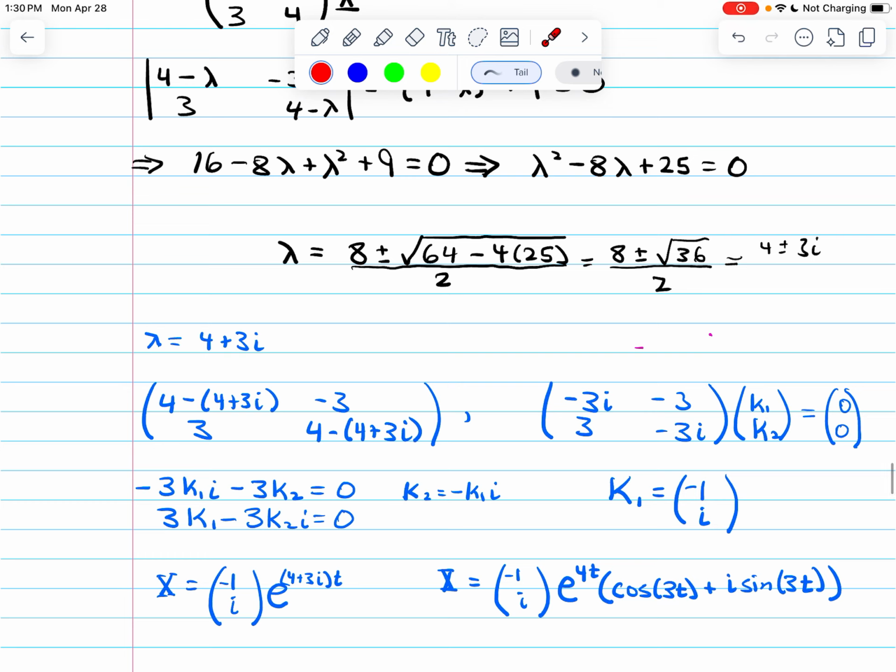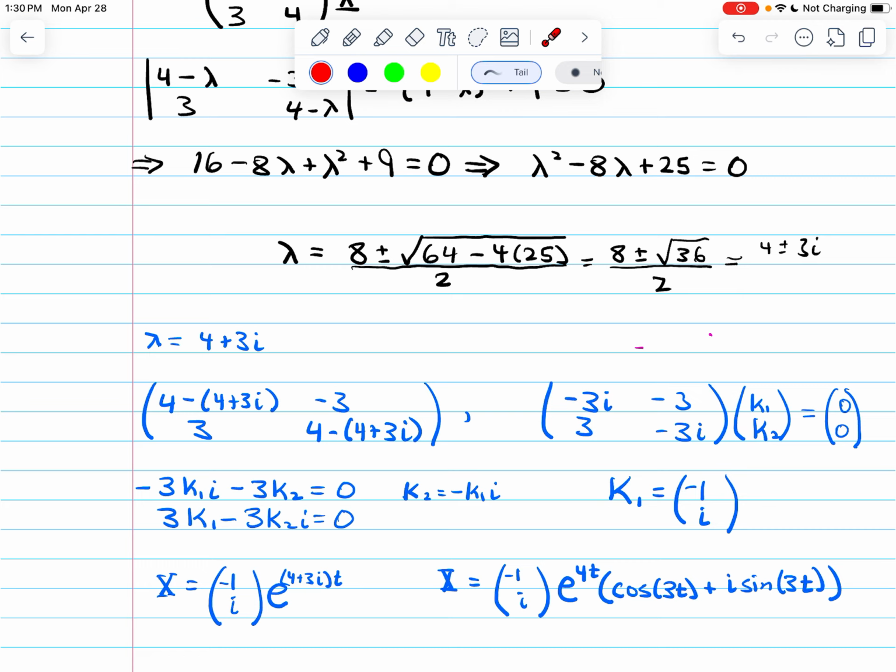So I go through and multiply. Like I'm going to solve a system of equations, but this is a dependent system. So I'm not going to be able to find one unique solution by elimination or substitution or anything like that. So remember, what I do is I maybe take K2 and solve it in terms of K1.